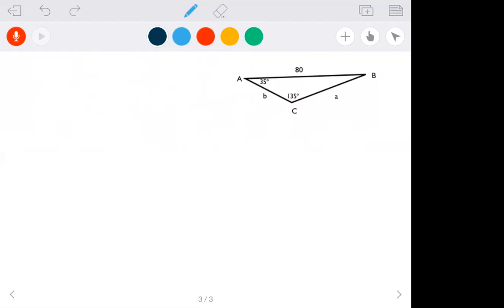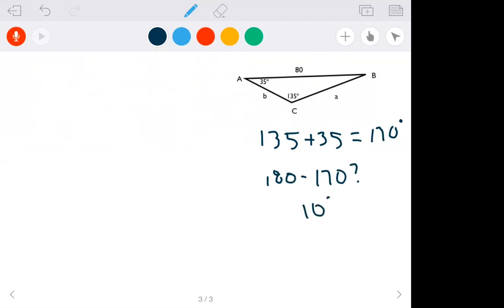We've got 135 and 35, and that is equal to 170 degrees. Well, what's 180 minus 170? That is just going to be 10 degrees.